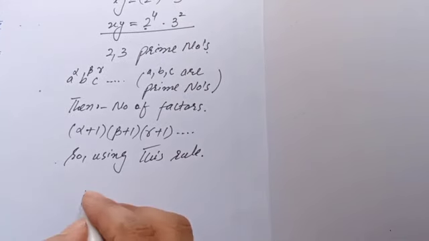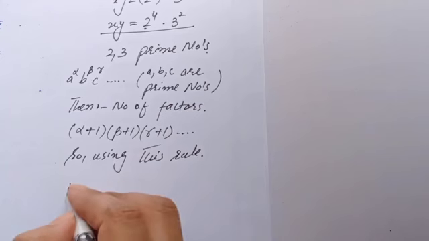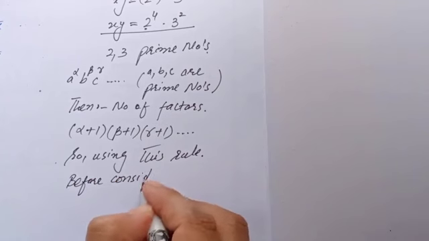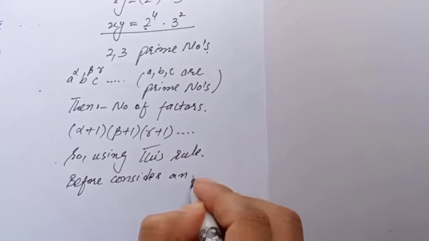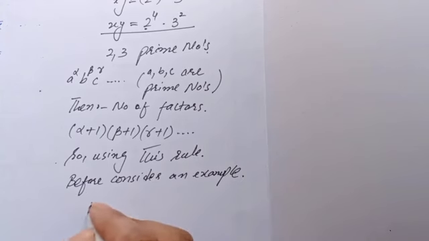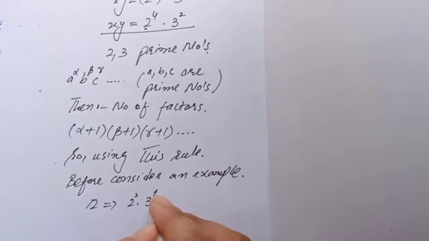Before using this rule, let's consider an example for better understanding, about prime numbers and factors. 12 I can write as 2 raised to power 2 and 3 raised to power 1. So 2 and 3 are here the prime numbers.